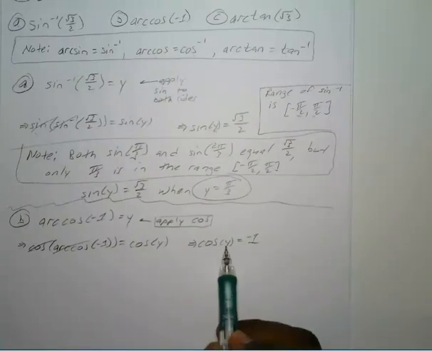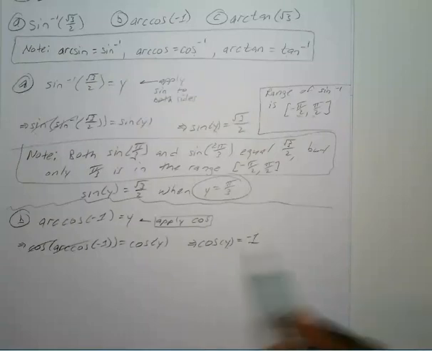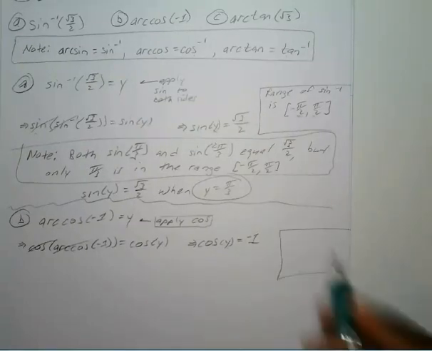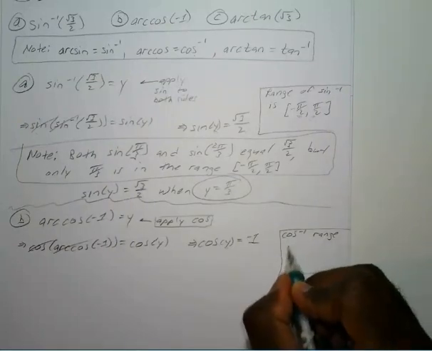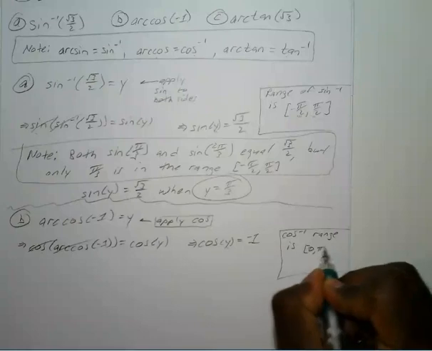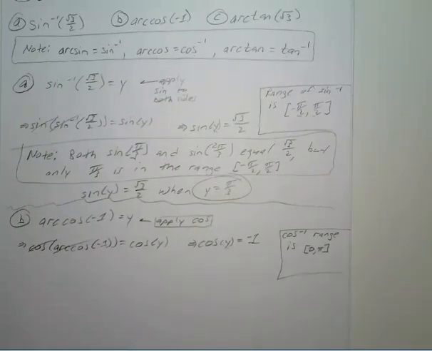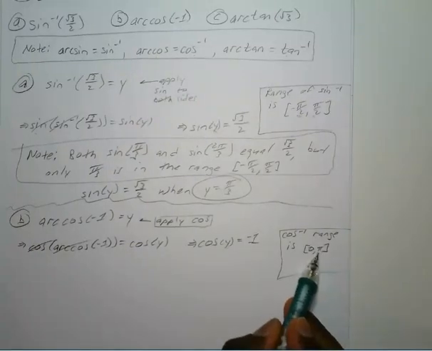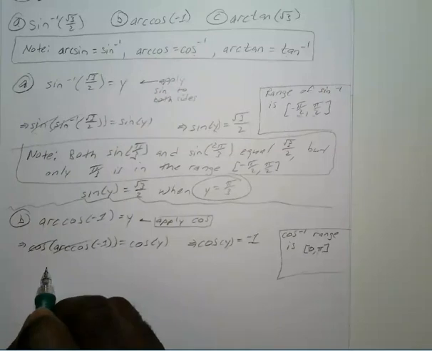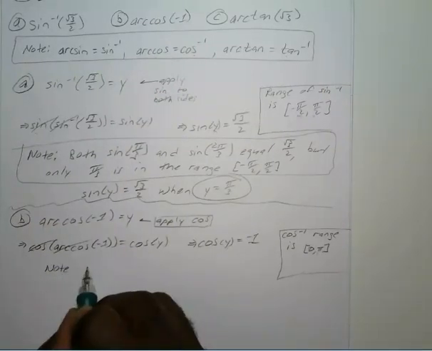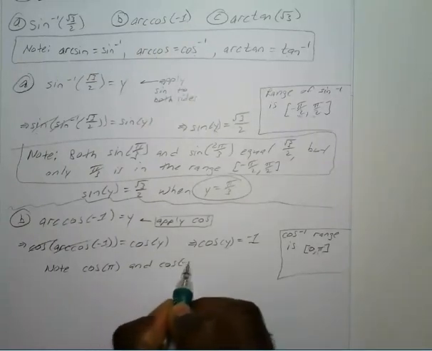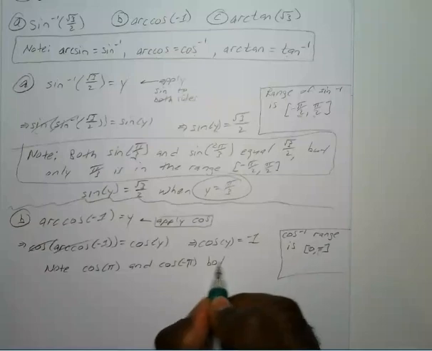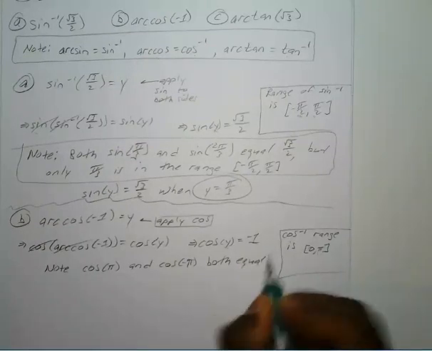Now, different values of y would make this true, but we have to remember that the cosine inverse range is from 0 to pi. These are closed circles, so we can include pi. So we know that cosine of pi and cosine of negative pi both equal negative 1.